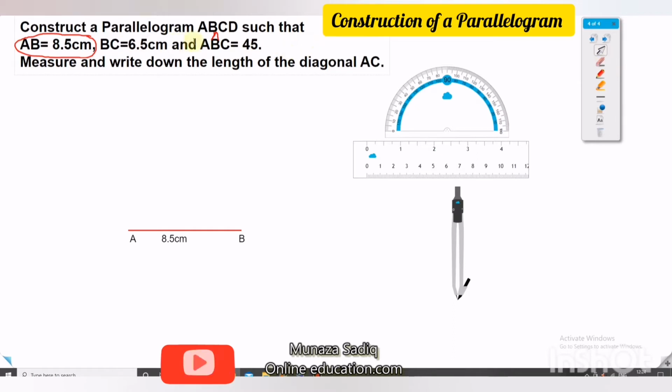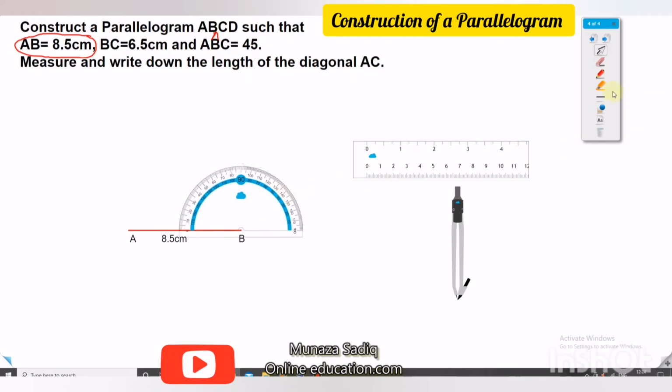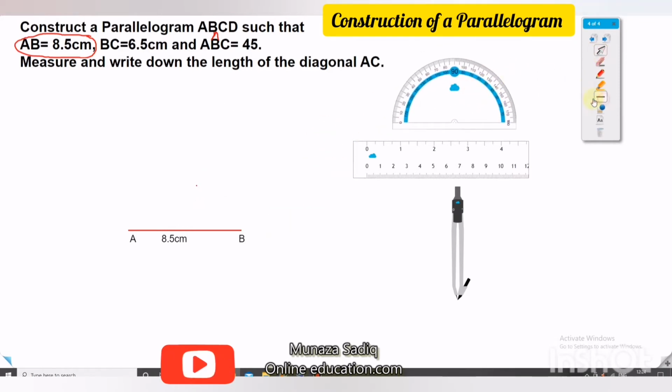Second step, to draw angle ABC. So the angle is at point B. Use a protractor, set it on point B and mark off an angle that is 45 degrees. Use scale and pencil to draw the line.